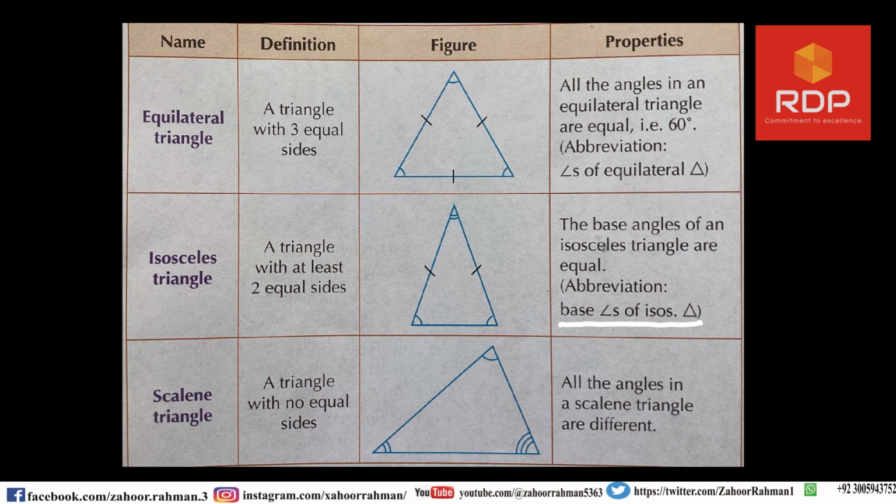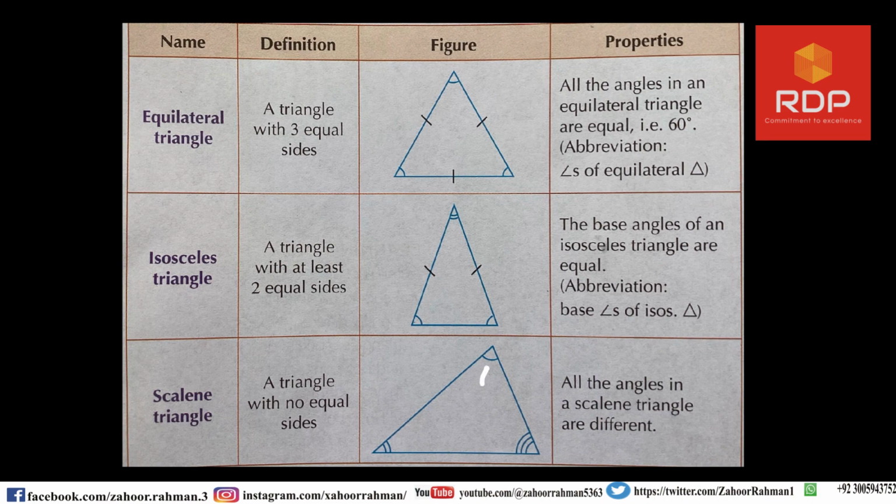So in this way, we will refer to it when it comes to solving problems on these types of triangles. The third one is the scalene triangle. Scalene triangles are those triangles in which all the angles are different from each other.